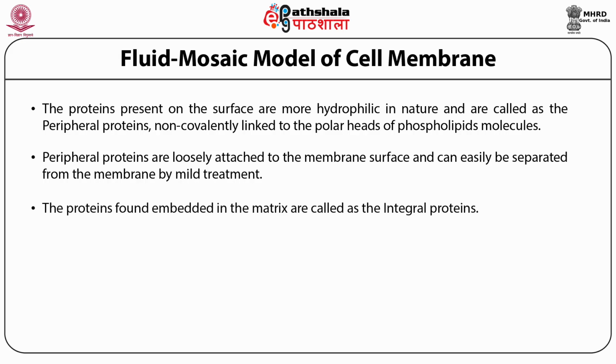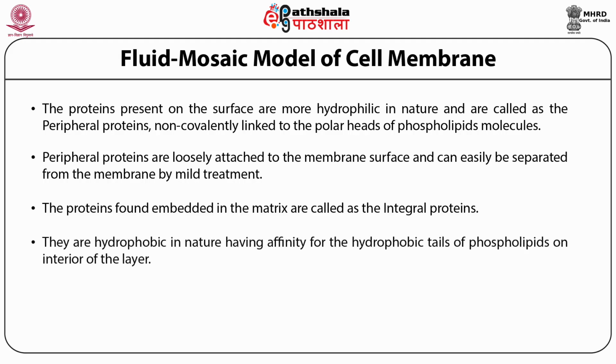The proteins found embedded in the matrix are generally termed integral membrane proteins. They are hydrophobic in nature and have affinity for hydrophobic tails of phospholipids in the interior of the bilayer.